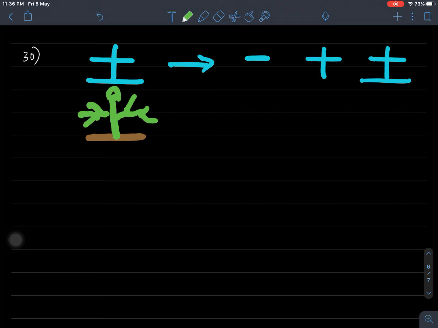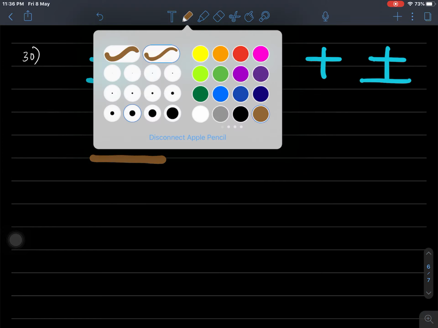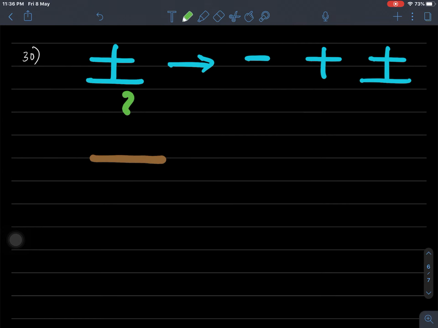It's not a very good drawing, so let me redo that. Okay, this is the ground. Let's say you have something like this, then you have it like this, like this, like this. And let's say leaves.